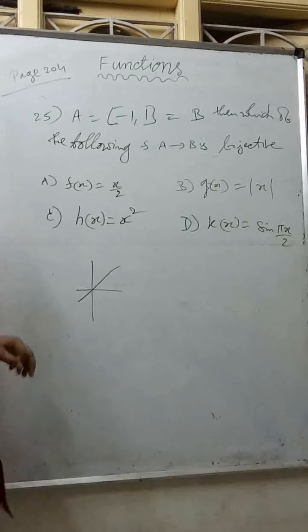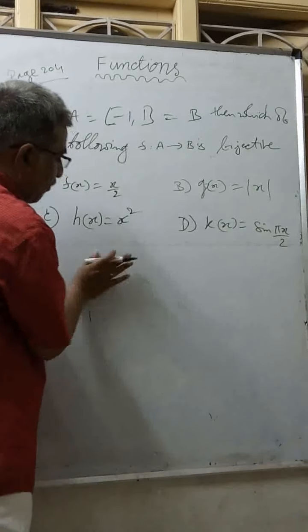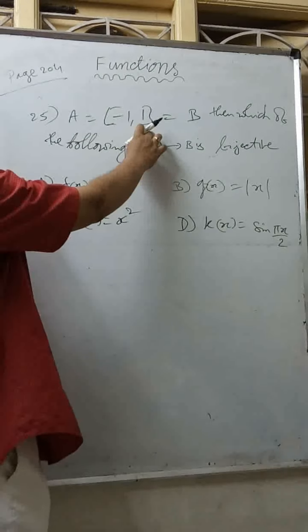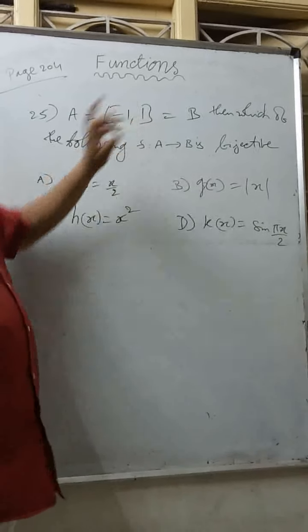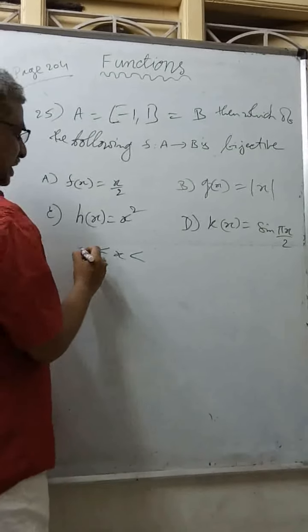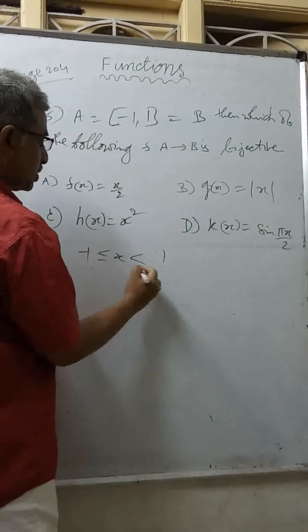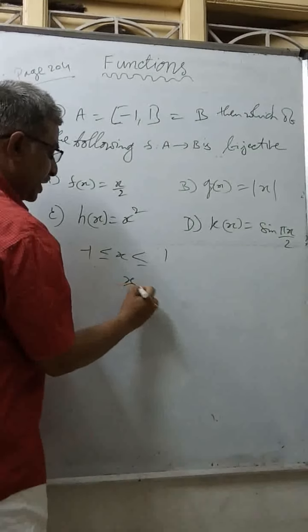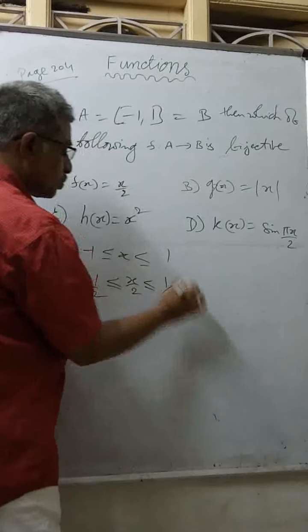What about onto? Onto is the big problem here. If I take half of any number between these two, it will be x by 2. If x lies between minus 1 to plus 1, both included, and I take half of x, this always lies between minus 1 by 2 to plus 1 by 2.